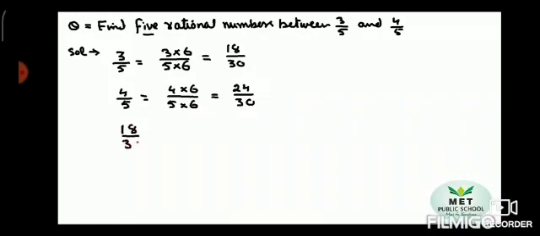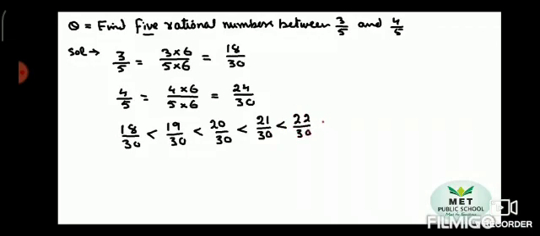18 by 30 is less than 19 by 30, less than 20 by 30, less than 21 by 30, less than 22 by 30, less than 23 by 30, less than 24 by 30.